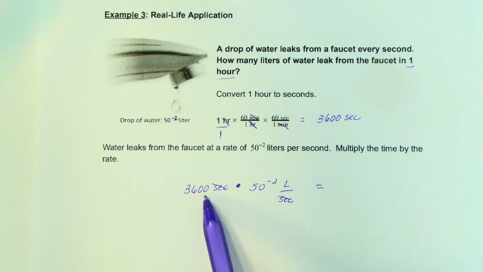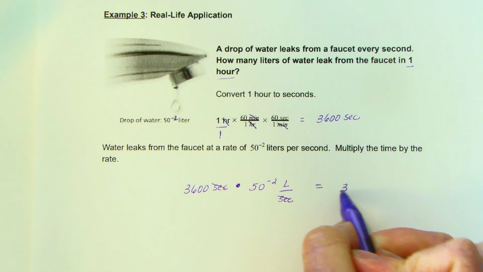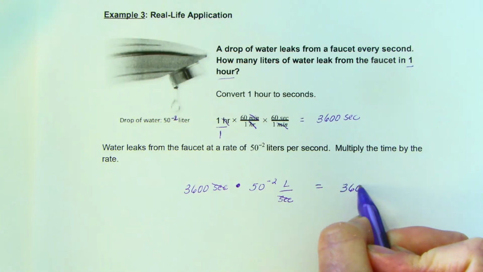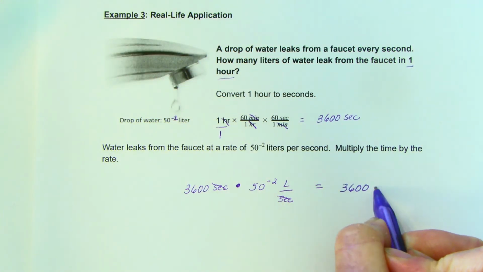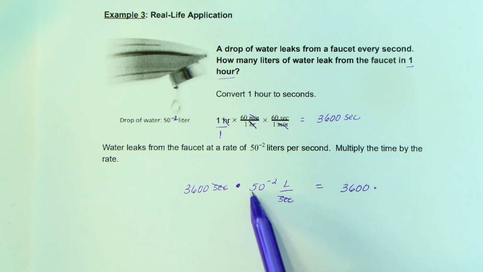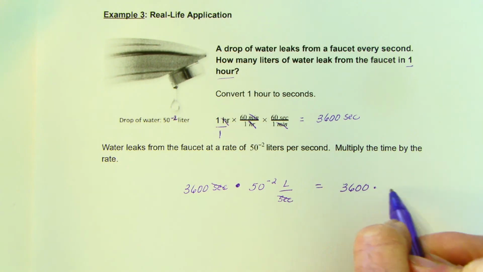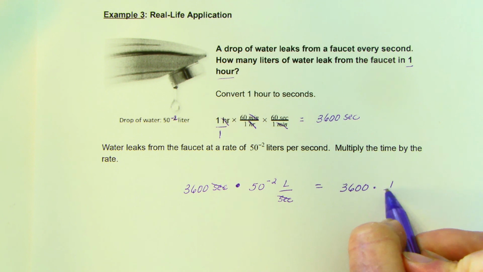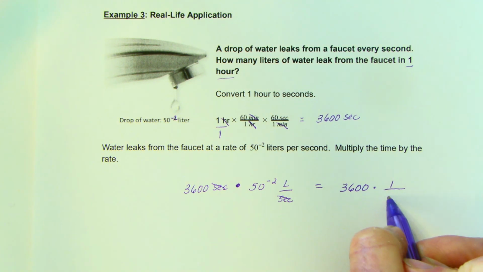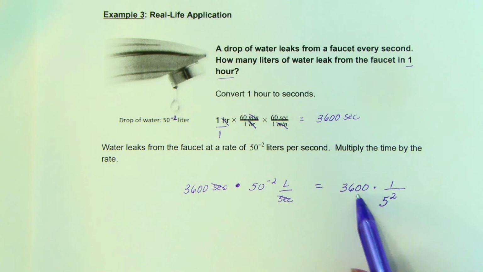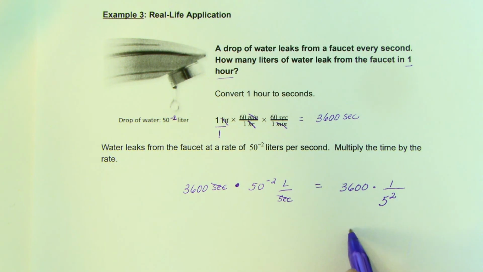And then that is going to be equal to 3,600 times this 50 to the -2, and negative means that it has to do the reciprocal, so we're going to move it to the bottom. And then 3,600 times 1.